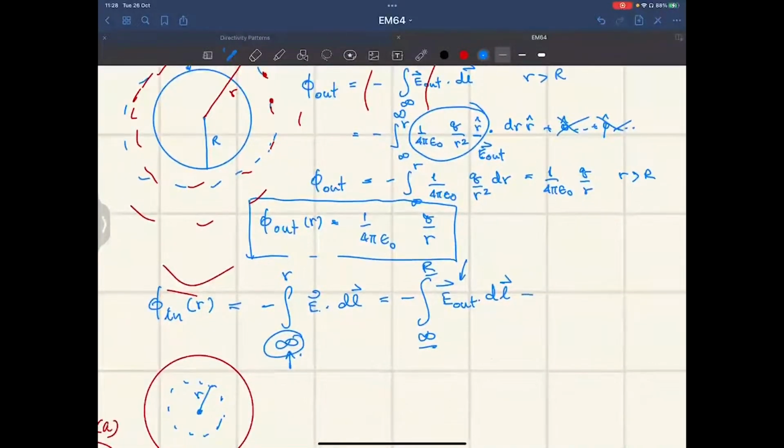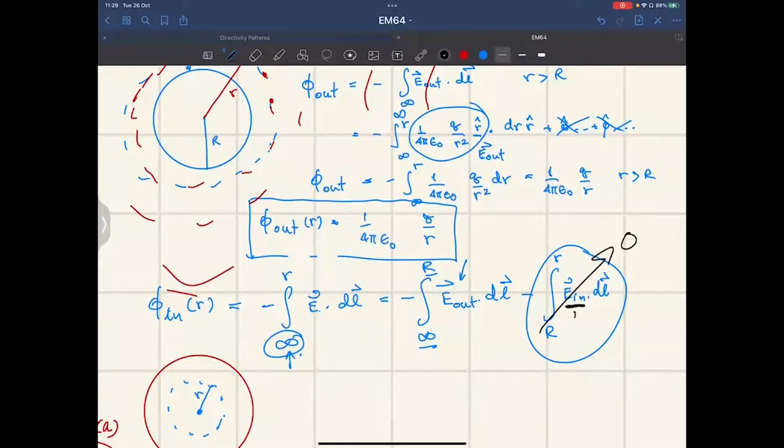And what next? From R surface to the point R inside, and it's E inside. This integral shows that we are inside the sphere. Luckily, we know that we don't have the electric field inside, so this term is 0.